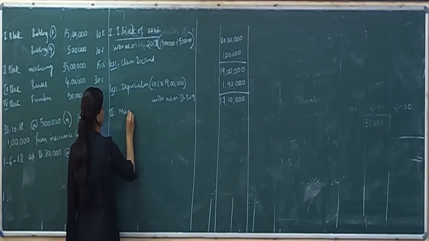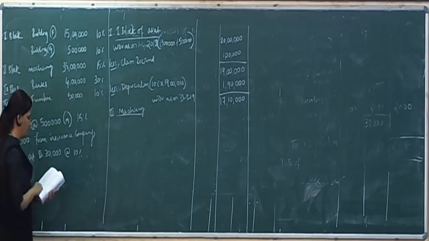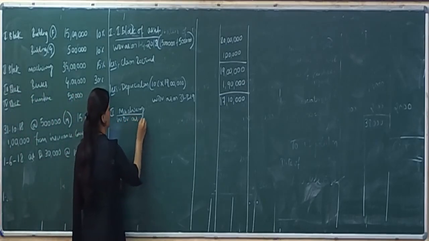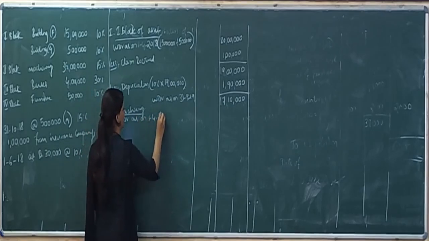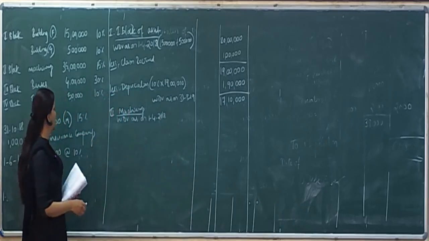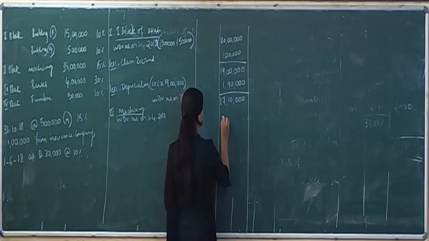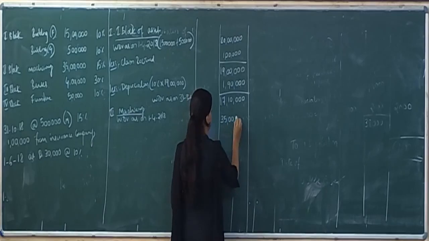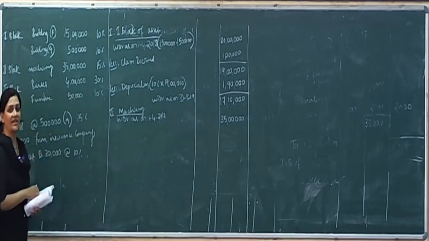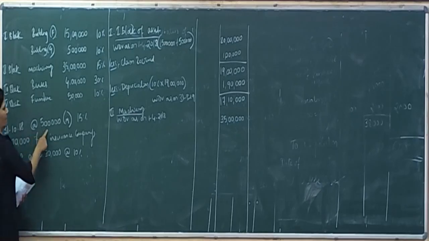So second block of asset we can take. Second block of asset is machinery. So we will write the written down value. So written down value as on 1st April 2018, here we have 35 lakhs. Okay, so do we have any additional machinery purchased?